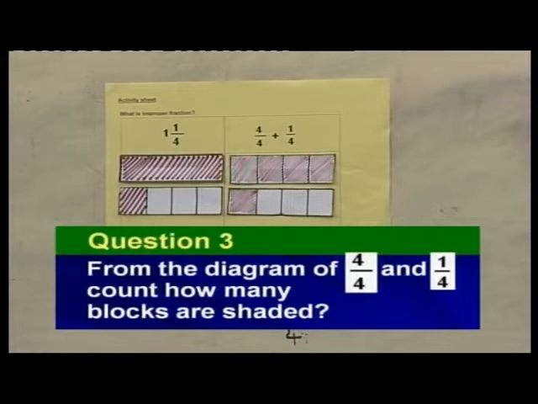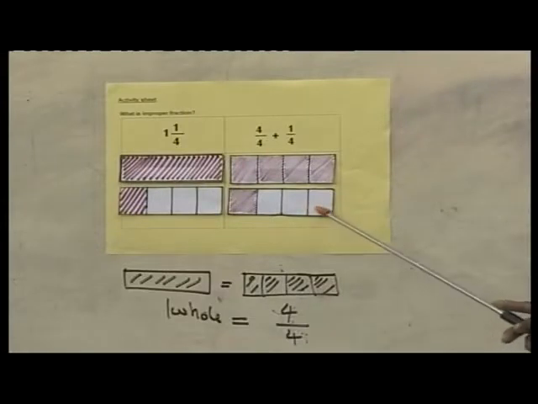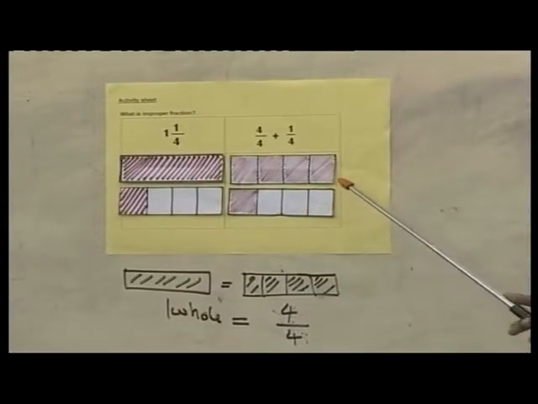Who can give me the answer? Receiving students, please tell your teacher the number of parts that have been shaded in the diagram 4/4 plus 1/4. Minoy. 5. 5 parts out of 4 equal parts being shaded.